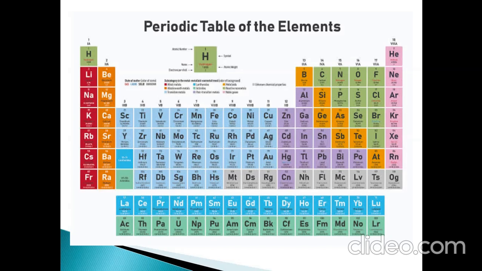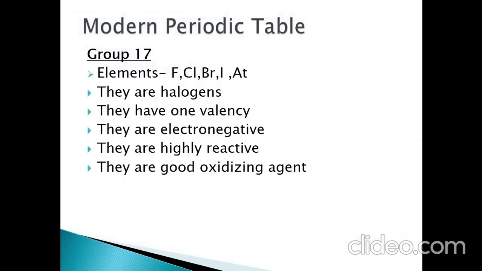They are electronegative. They are highly reactive and they are good oxidizing agents. So the group 17 elements are fluorine, chlorine, bromine, iodine and astatine. They are halogens. They have valency 1. They are electronegative. They are highly reactive and they are good oxidizing agents.